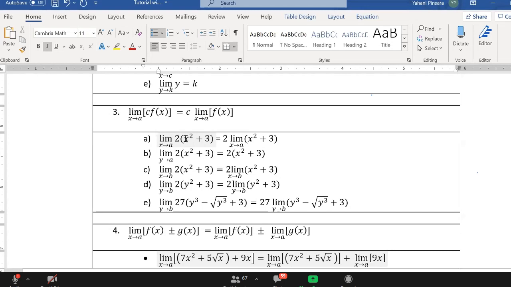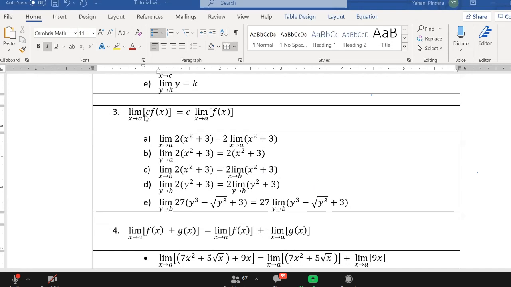No, because here we have a function which is multiplied by a constant.